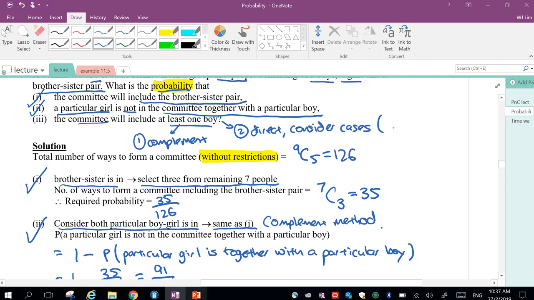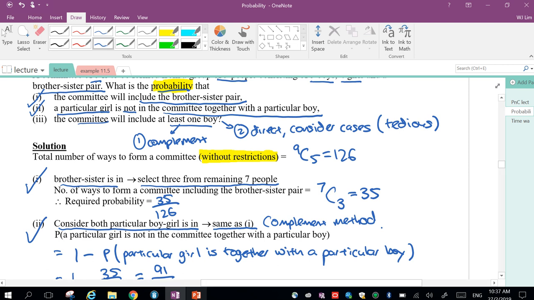And this considering cases is very tedious. Okay, I'll write it out for you. Please write in part 3: 2 ways, the complement and the direct way, where you consider cases which is tedious.